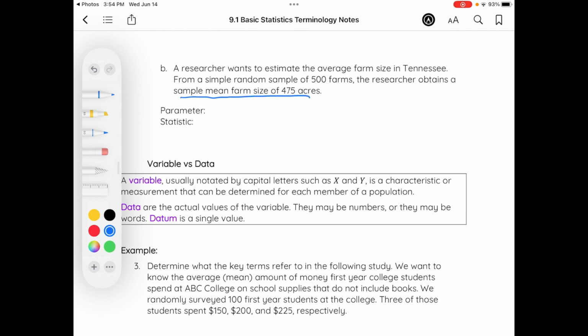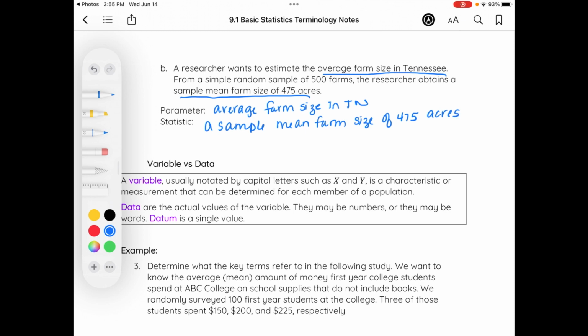So again, the population is the average farm size in Tennessee, so the parameter is the average farm size, and thus our statistic is the sample mean farm size of 475 acres.